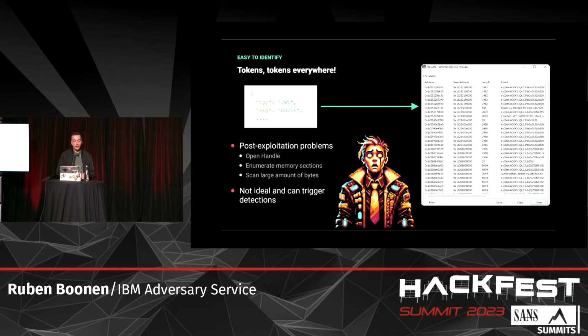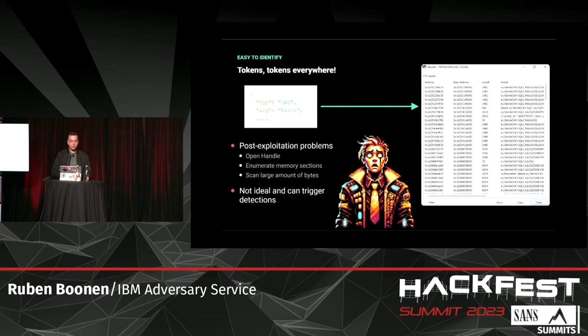The other idea I put on this slide is what I was thinking initially. We could open a handle to the application and then enumerate the memory sections, and based on the flags of those sections, we can probably guess which ones might contain these allocated strings, and then do some pattern byte scan.